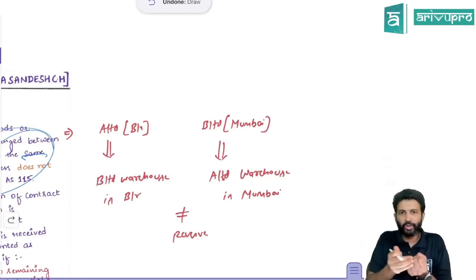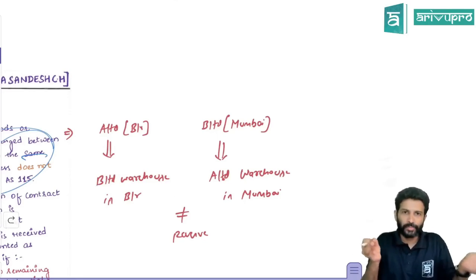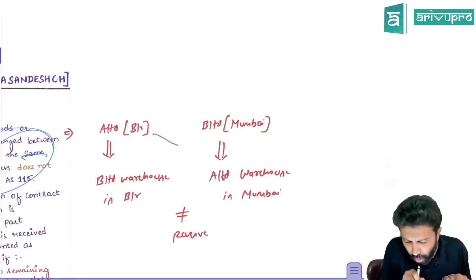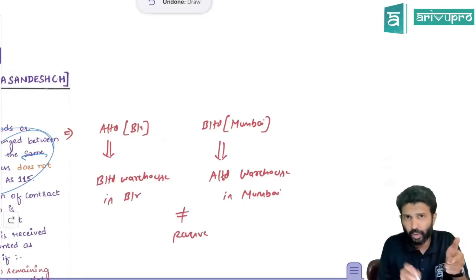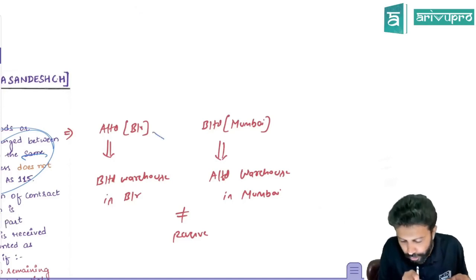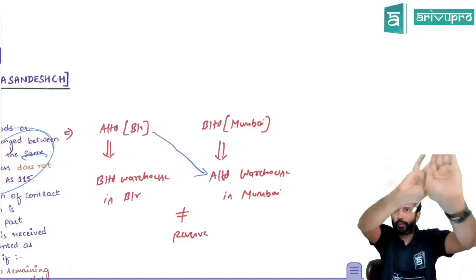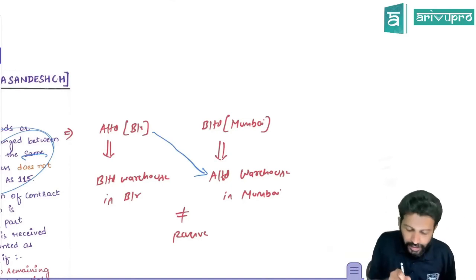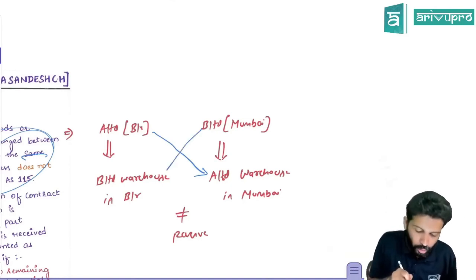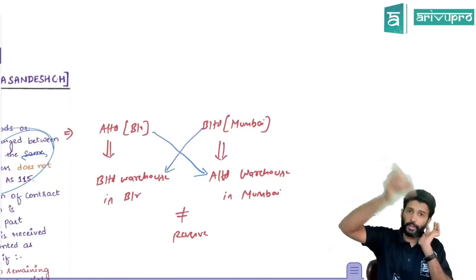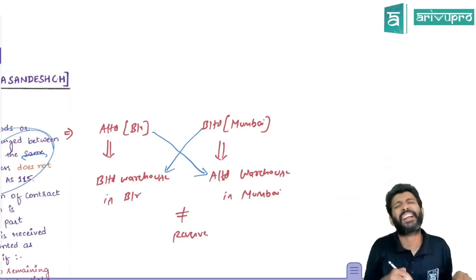Now the warehouse of each company needs some goods. If A sends goods from its Bengaluru factory to its Bombay warehouse, it has to incur transportation cost. Similarly, B would have to send goods from Bombay to its Bengaluru warehouse, again incurring transportation cost.